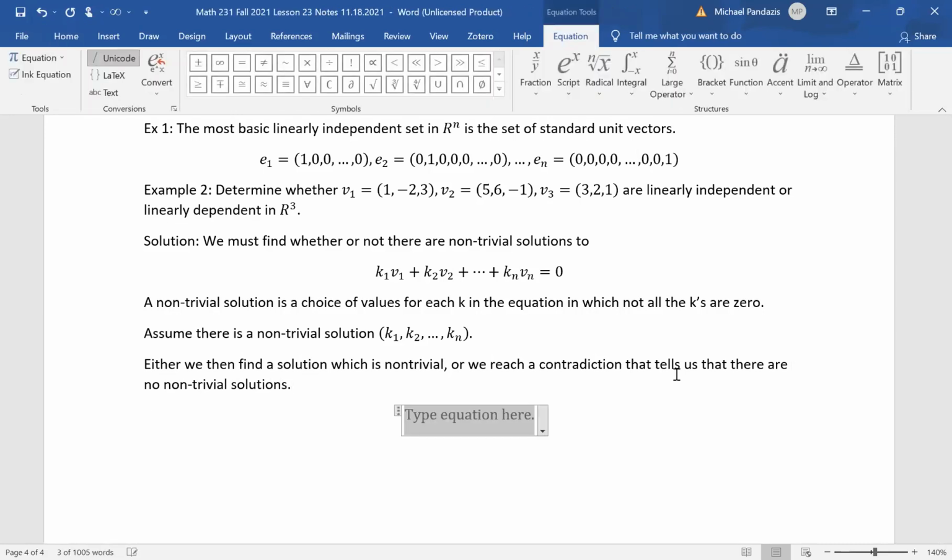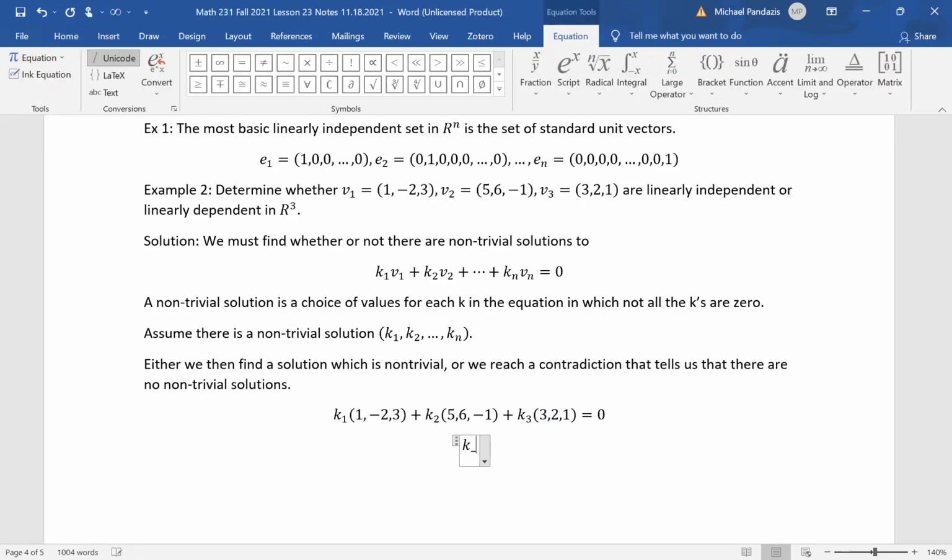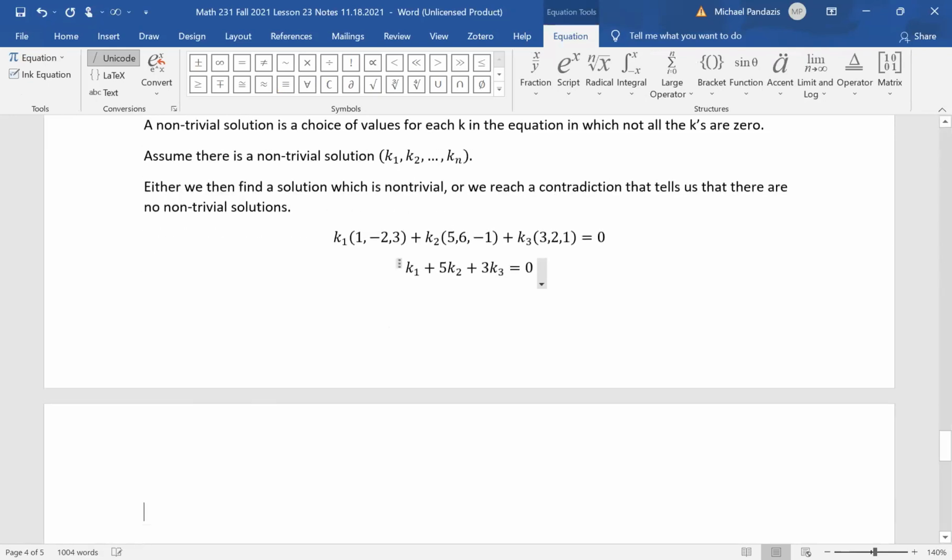Okay, so with the assumption that there is a non-trivial solution, we have k1 times the vector v1, which is (1, -2, 3), plus k2 times the vector (5, 6, -1), plus k3 times the vector v3, which is (3, 2, 1), and it's equal to 0. And so correspondingly, we have 3 equations, one for each component. k1 plus 5k2 plus 3k3 is equal to 0.